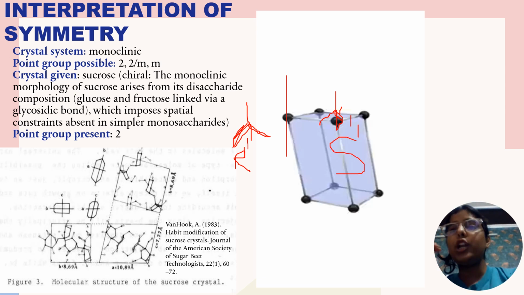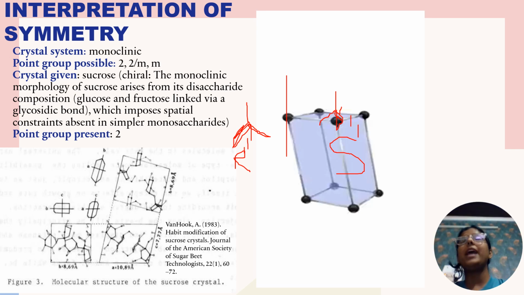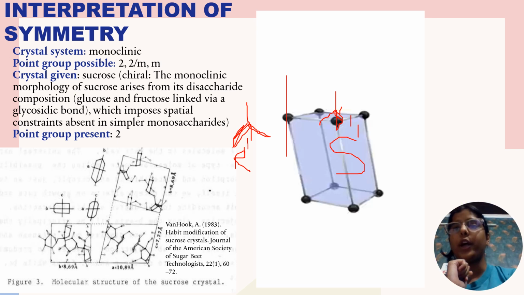So if the molecule is chiral, we have seen that it can crystallize only in the Sohncke space groups, which do not have any symmetries that can invert the configuration of the molecule present inside that system.